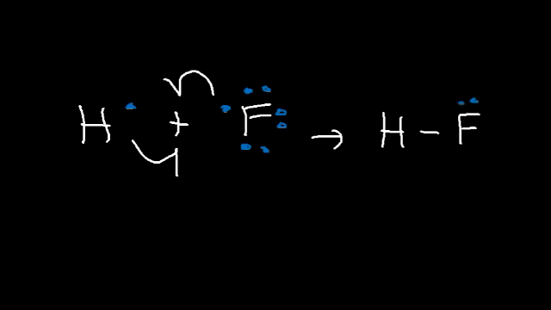So HF looks like this. Now, fluorine is significantly more electronegative than hydrogen. So fluorine is going to pull the electrons toward itself. So because the electrons are shared unequally, the bond is going to be considered a polar covalent bond.